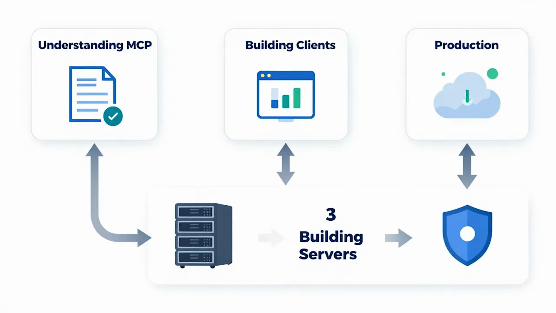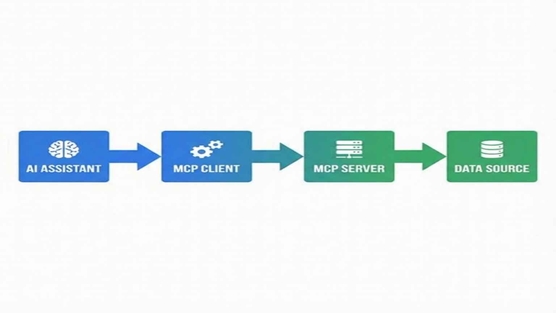Every device needed a custom physical connection and a custom driver. It was a headache. Then USB arrived. It provided one standard plug for everything. MCP is exactly that, but for large language models. It provides a standard plug that lets AI connect to any data source without needing custom code for every single integration.